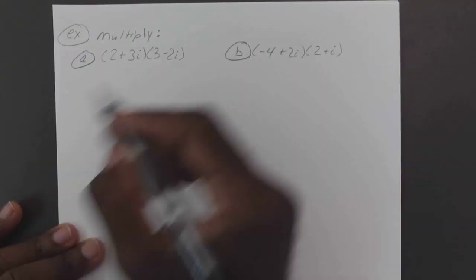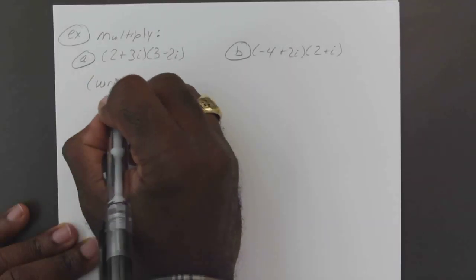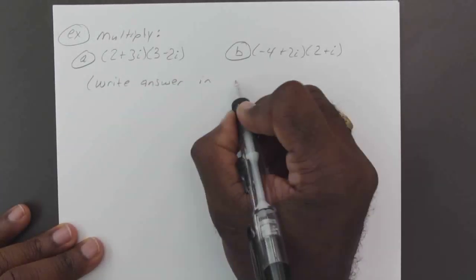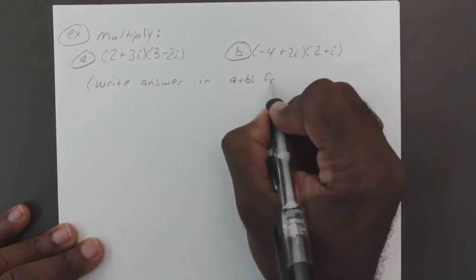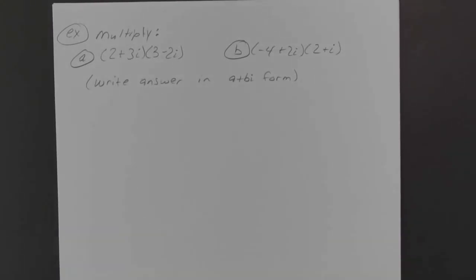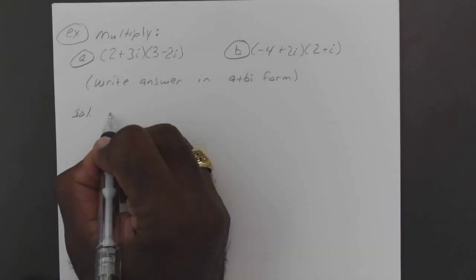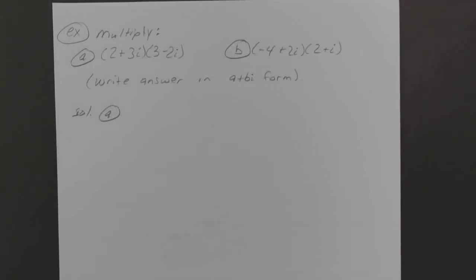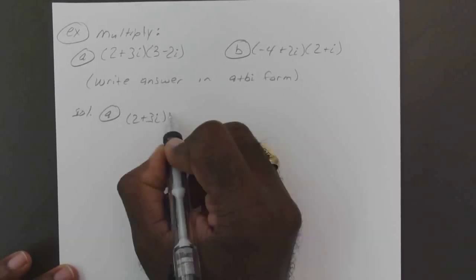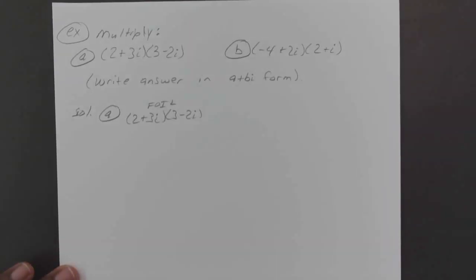And let's say we want to write your answer in complex form. All right, so for problem A, we just use the FOIL method. I'll just rewrite it. 2 plus 3i, 3 minus 2i, and we FOIL it out.